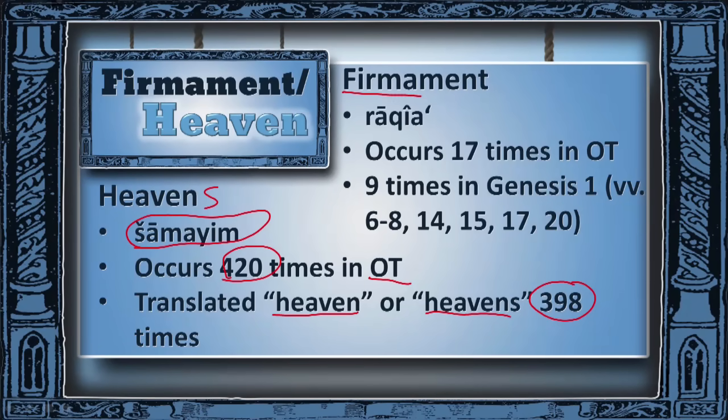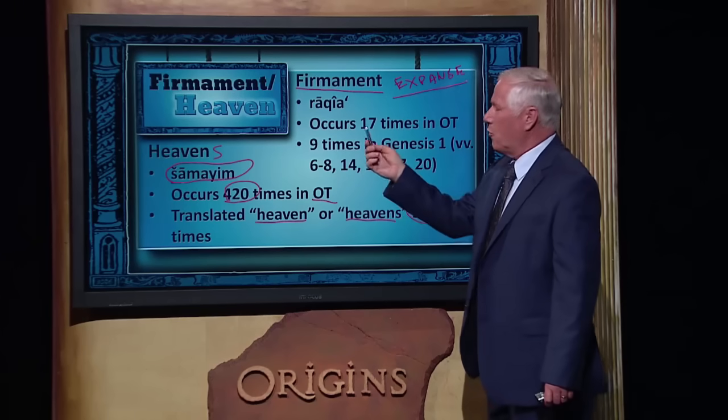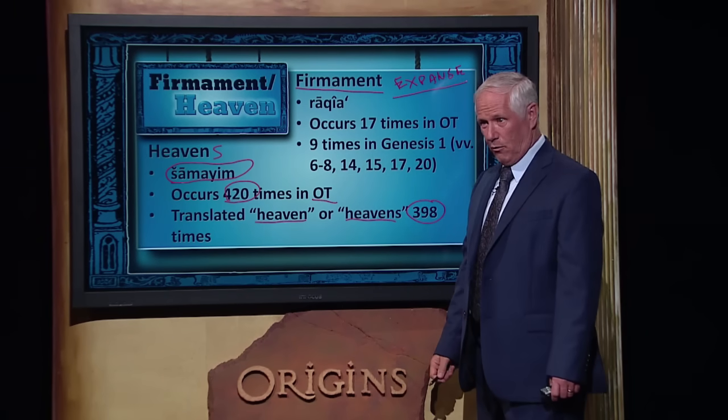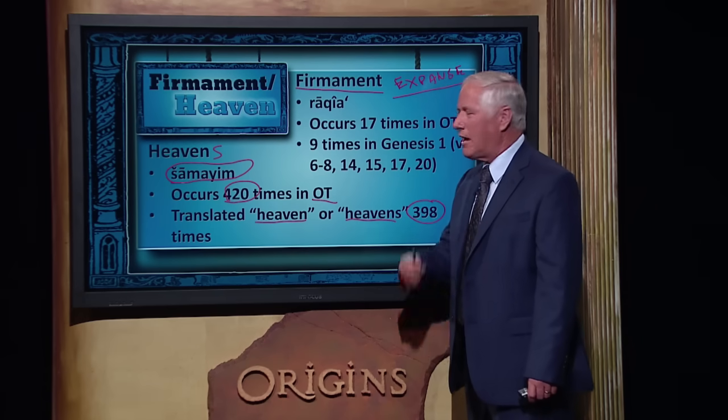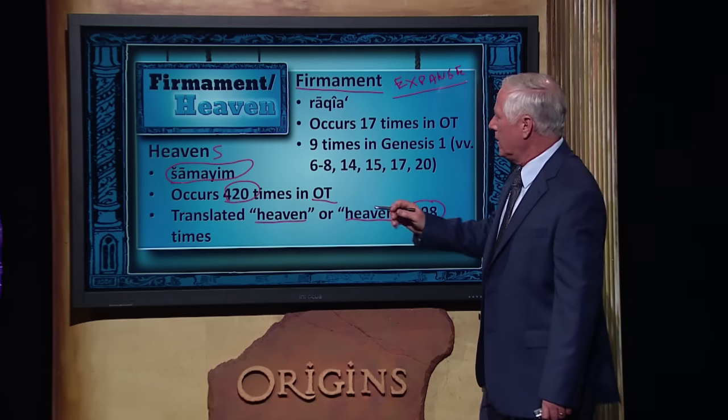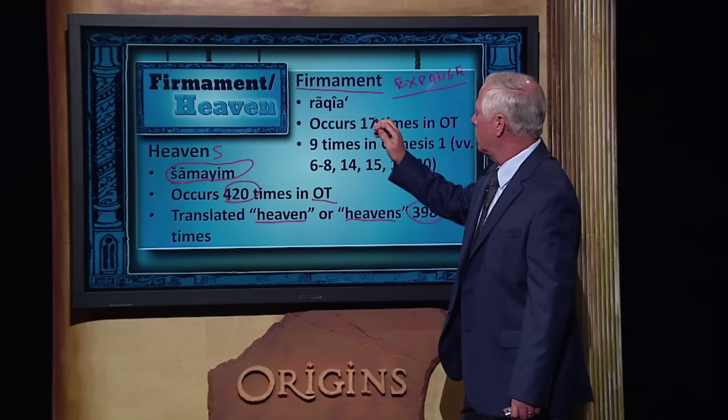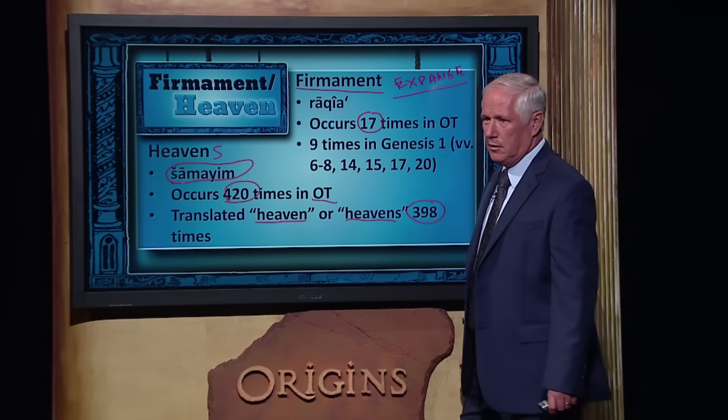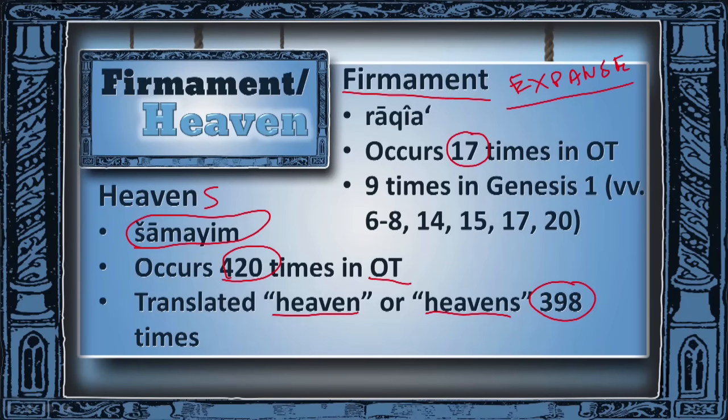Now, the thing translated firmament, and again, a lot of us today would say expanse, because most modern translations say that. It comes from the word rakia. Rakia. All right, got to get that sound inside of it if you want to do it right. Unlike Shemayim, it only occurs 17 times. With such fewer instances, it's more difficult to translate.